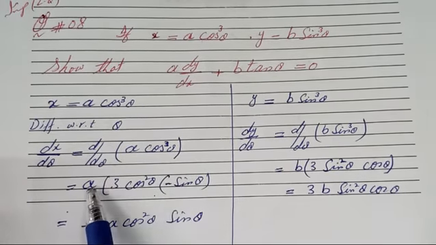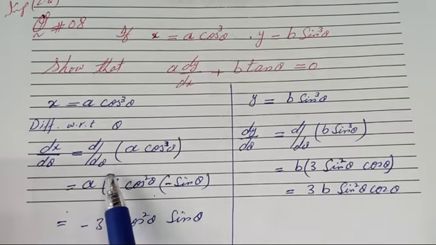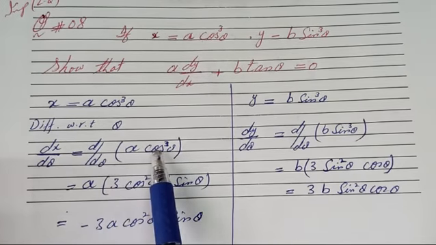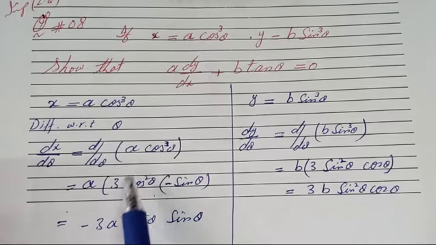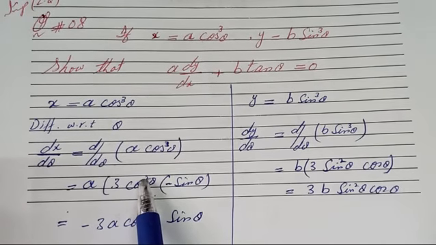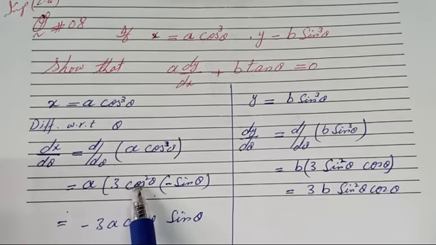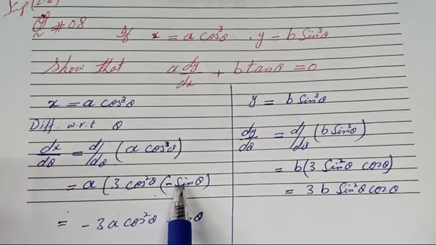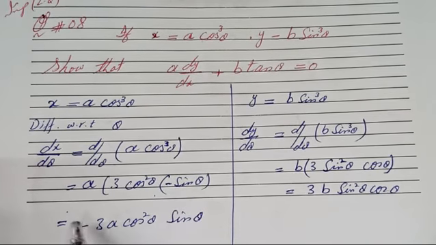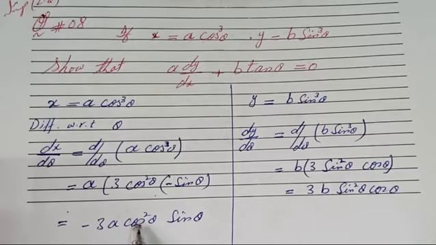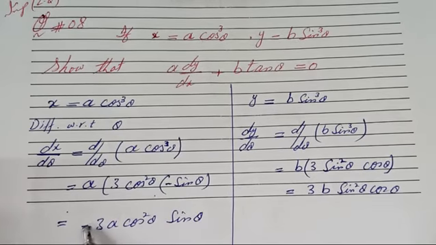First write the constant a on one side, then write the power in start and the left behind cos by decreasing its power by 1, cos square theta, and the derivative of cos is minus sin theta. So it becomes minus 3a cos square theta sin theta: minus sign written in start, 3a in multiplication, cos square theta and sin theta.